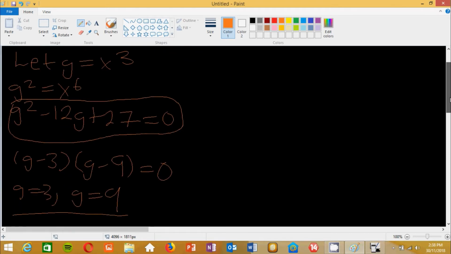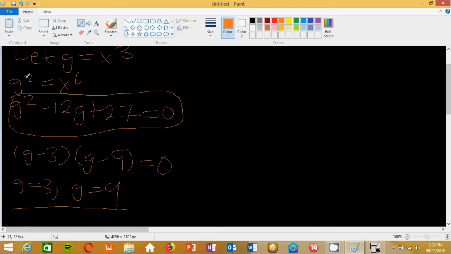So if I go back to the top here, because I said let g equal x to the power 3, if g is 3, then 3 is equal to x to the power 3. Then 9 is equal to x to the power 3. Fairly simple. And then to solve for x, I raise both sides to the power 1 over 3, or quite simply, I cube root both sides.